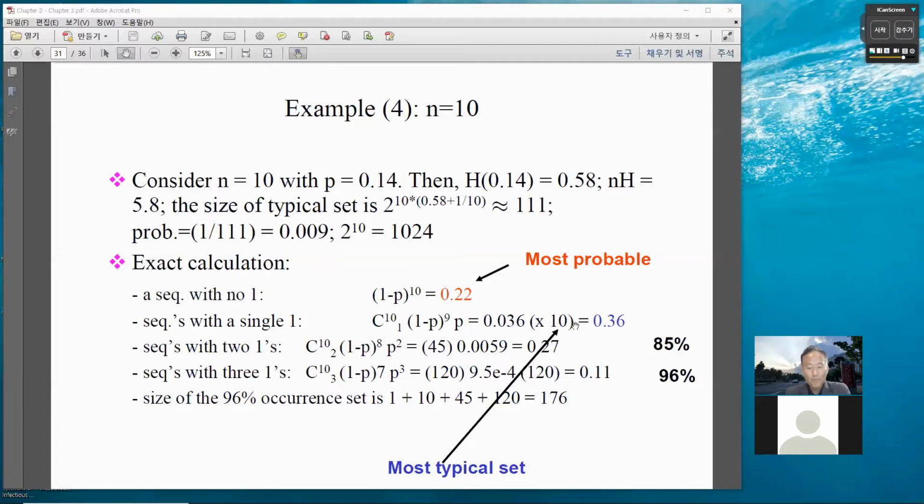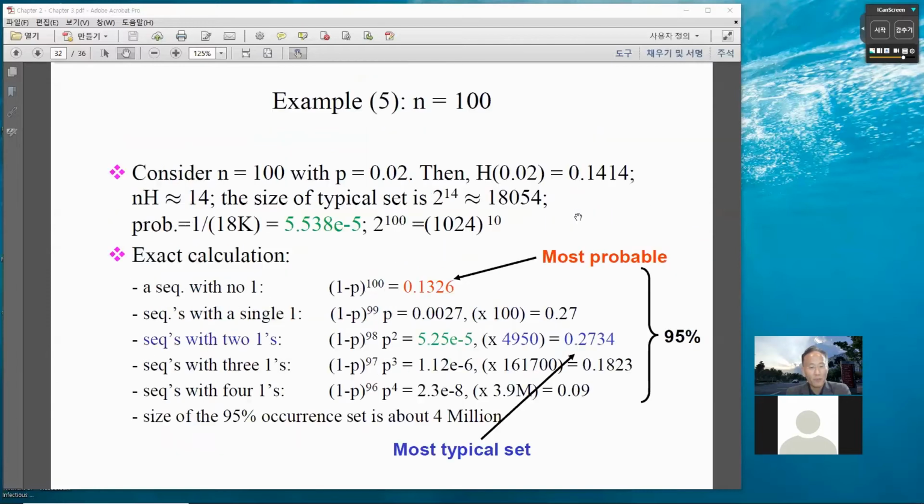So that's the argument of AEP using n equal to 10, and we can move further with n equal to 100. Then p is equal to 0.02. So entropy in this case is this, and nH is about 14.